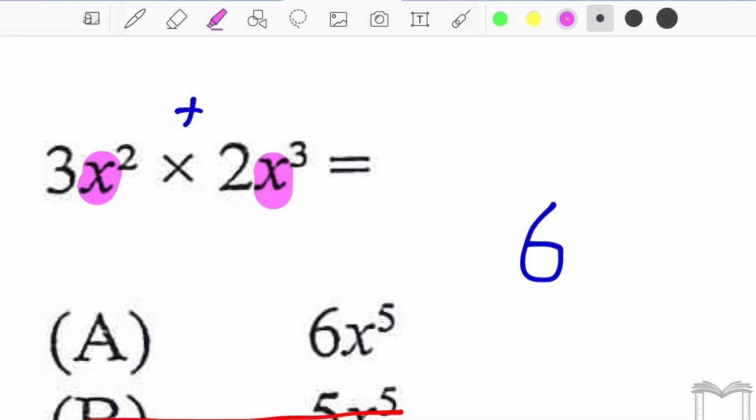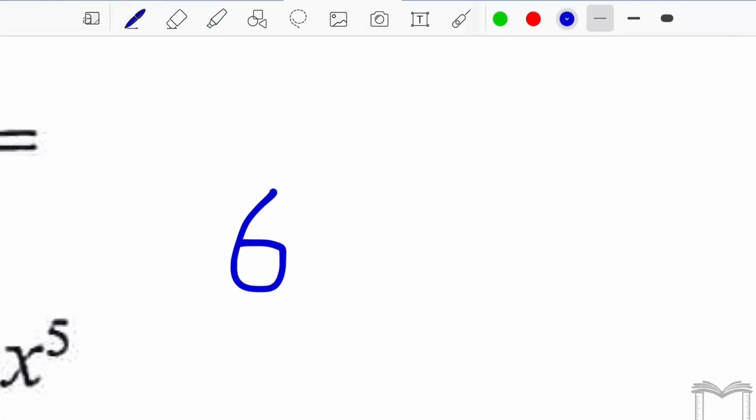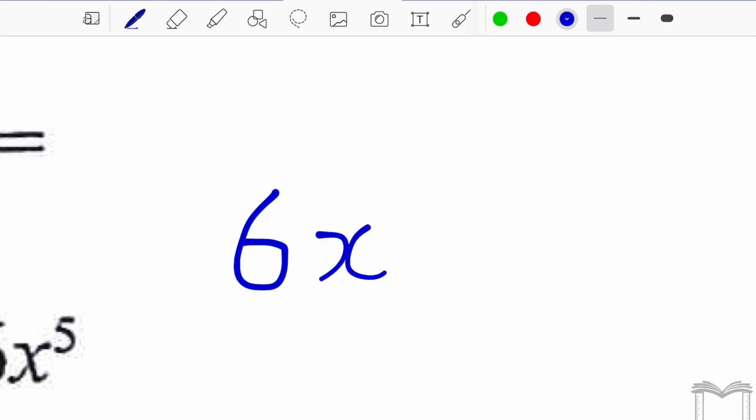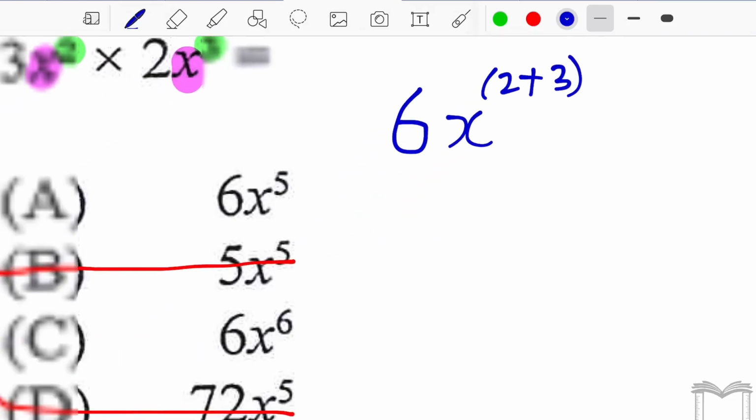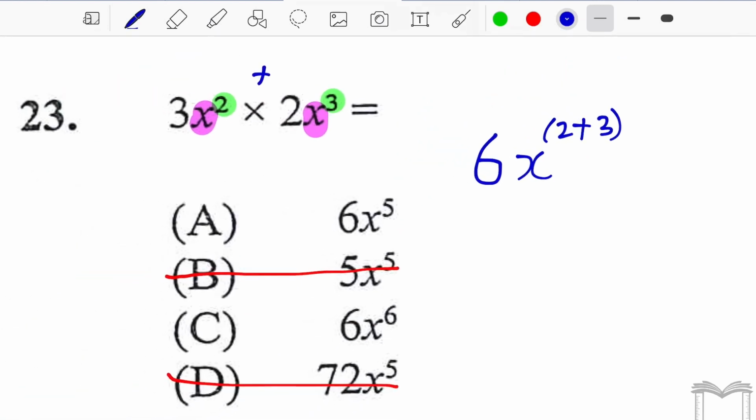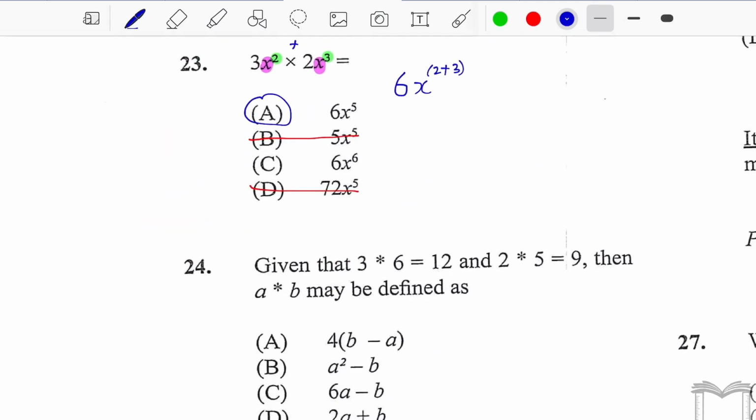So that's x to the power of 2 plus 3. We know that 2 plus 3 is 5, so we are looking for 6x to the power of 5, which is A.